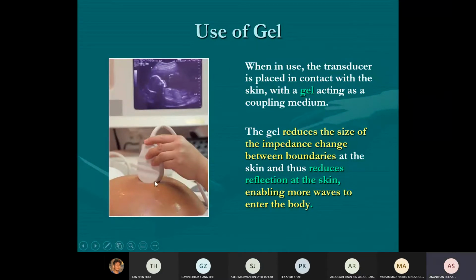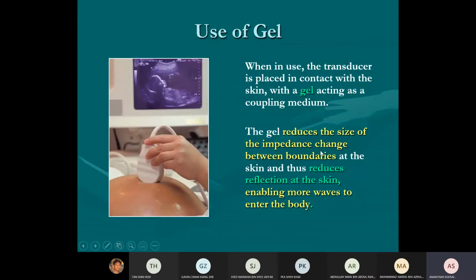So what they do is apply a gel. The transducer is placed in contact with the skin with the gel acting as a coupling medium. When the ultrasound comes out from the transducer, it passes through the gel, and from the gel it goes to the skin. The gel used must have the same acoustic impedance as the skin, so that the majority is transmitted.